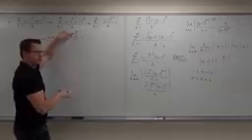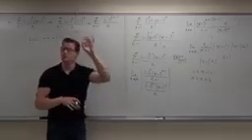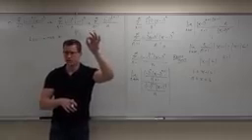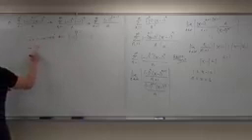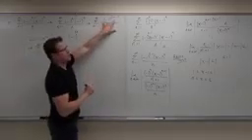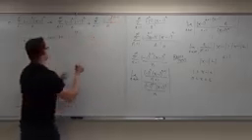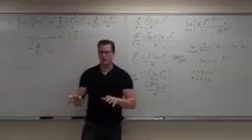Negative 1 to an odd number always gives you negative 1. Therefore, this series becomes... how much is this whole piece? Negative 1 over n. Do you understand why? If this is always odds, this whole piece becomes negative 1 over n.